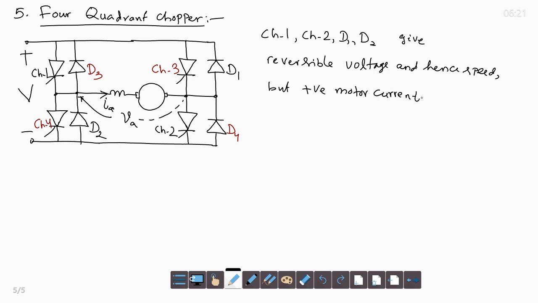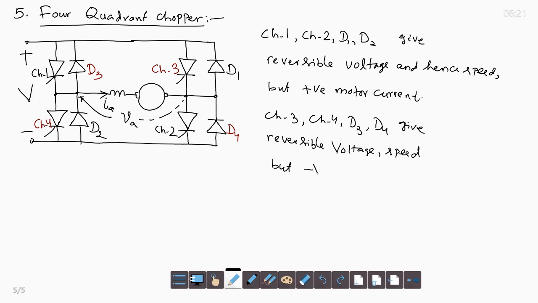And CH3, CH4, D3, D4, they give reversible voltage, that means positive and negative, reversible voltage and speed, but negative motor current. So, you get operation in all 4 quadrants.